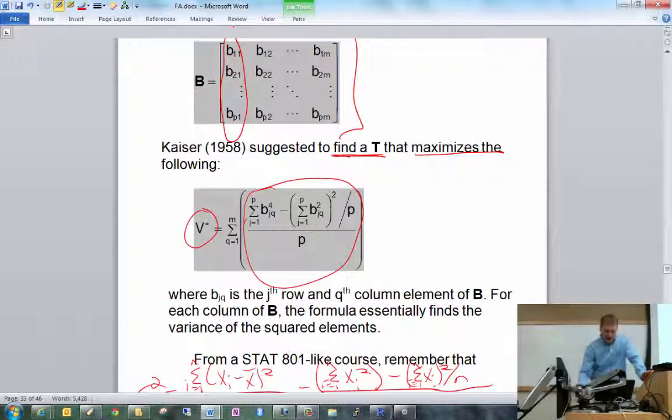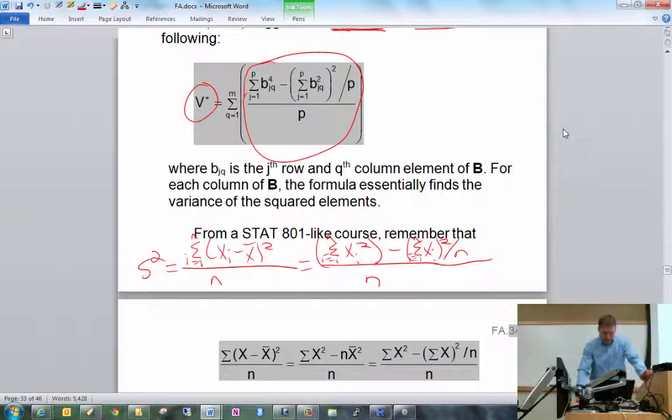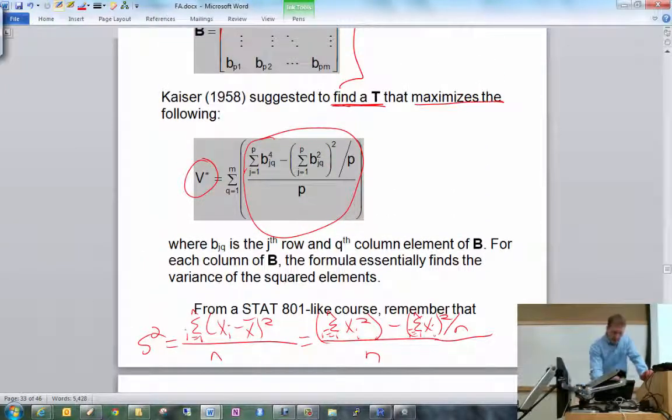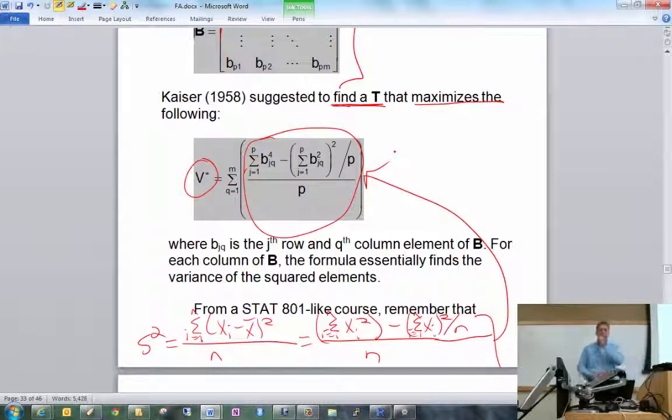So essentially, what we see here for the old sample variance formula is what you see there for b squared. Everywhere you see an x, replace it with a b squared. And so what we have inside this big parentheses for this V star is simply a variance calculation for squared elements in a column of your B matrix.